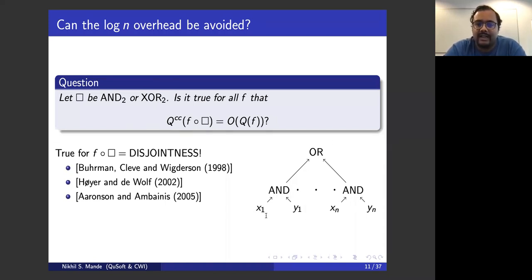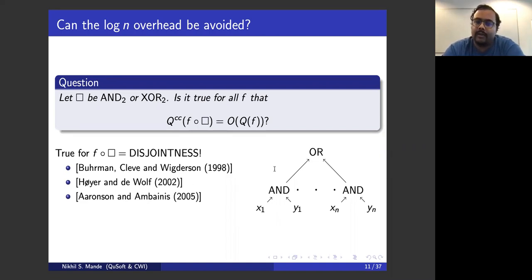In this function, Alice and Bob are each given n-bit strings, and they wish to know, is there an index i for which xi equals yi equals -1? The result on the previous slide of Buhrman, Cleve, and Wigderson said that the communication complexity of this problem is at most the query complexity of OR times log n.